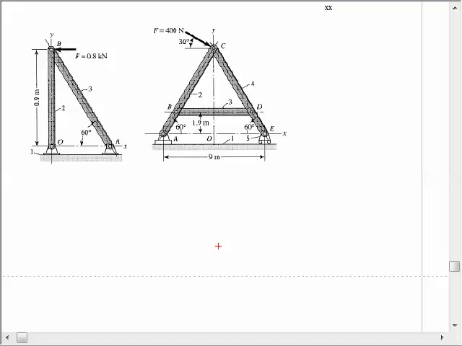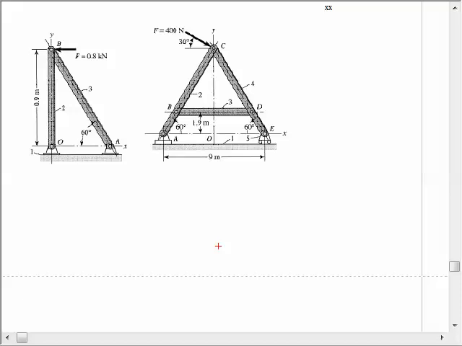So I can write three equations for this body and three equations for this body. That should lead me to 6 equations and therefore 6 unknowns to be solved for. Where are my 6 unknowns? I've got an x and y force in this pin joint, an xy force in this pin joint, and an xy force in that pin joint. That's a total of 6 unknowns for my 6 equations.